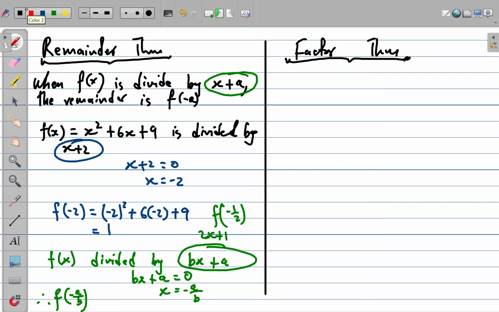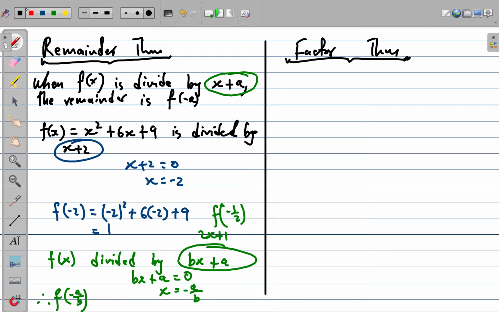So let's look at the remainder theorem. The remainder theorem says, if I divide a function by a linear factor or a polynomial by a linear factor, then the remainder is basically the root of that factor substituted into the polynomial.